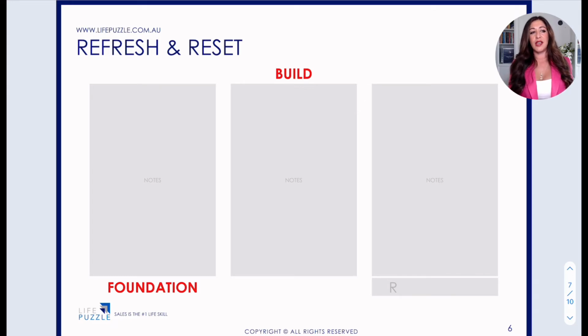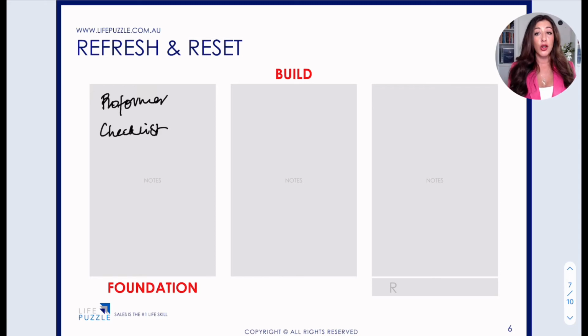One of those things is around the simple things that you do. Some of you might be surprised to know that while I'm not necessarily a big advocate for using scripts word for word, I am a big advocate for having pro formas and checklists of things that we do that we know create success.